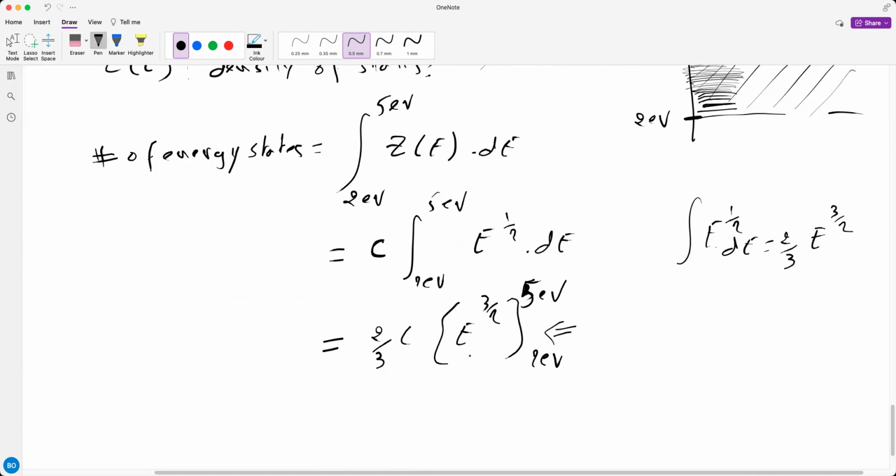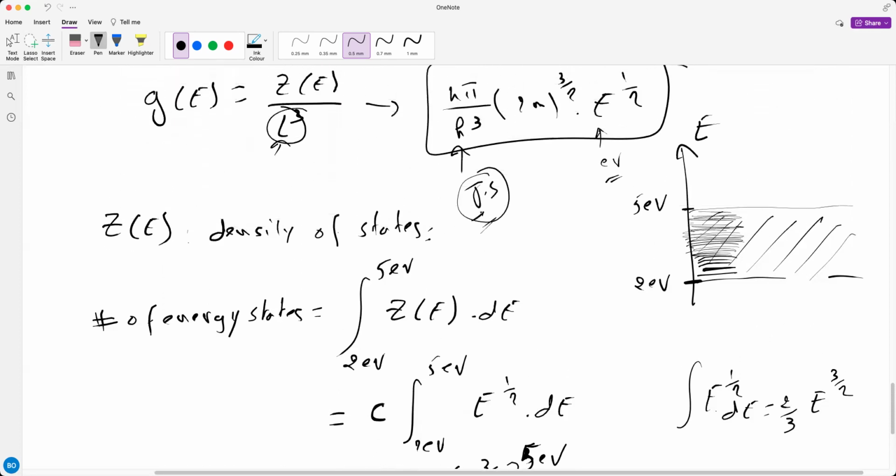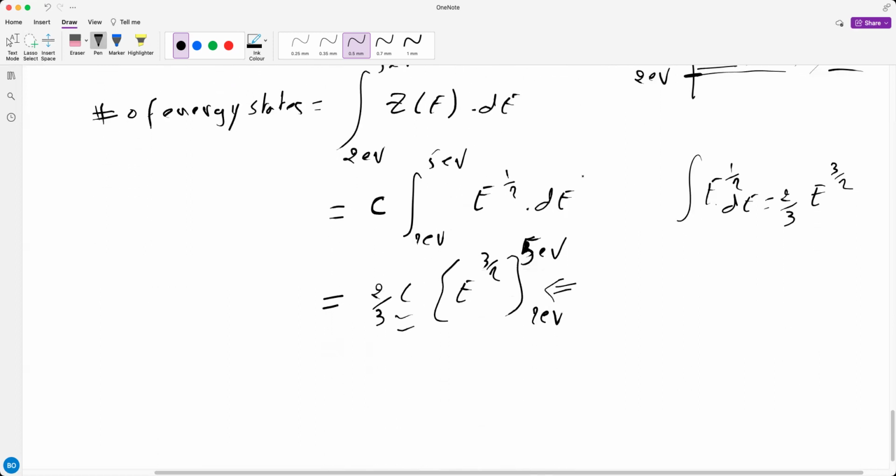Yes, of course you will replace, but for the total value you have to take into account the fact that your constant has a Planck's constant, and Planck's constant is in joule second, and the energy is in electron volt. So this is an energy unit, and this is an energy unit. So you have to convert everything to electron volt. Okay. Yes, we will replace it.